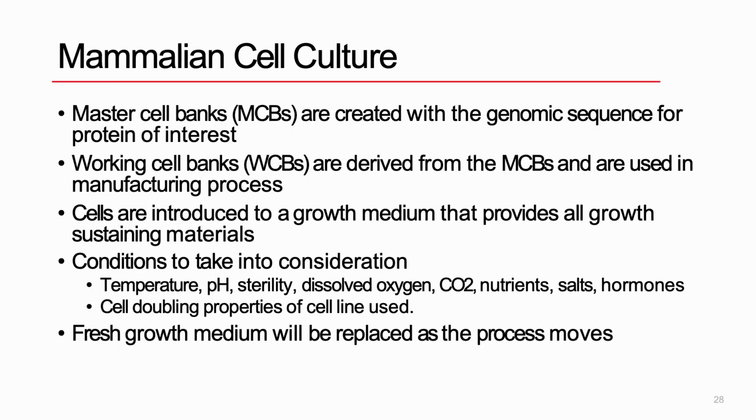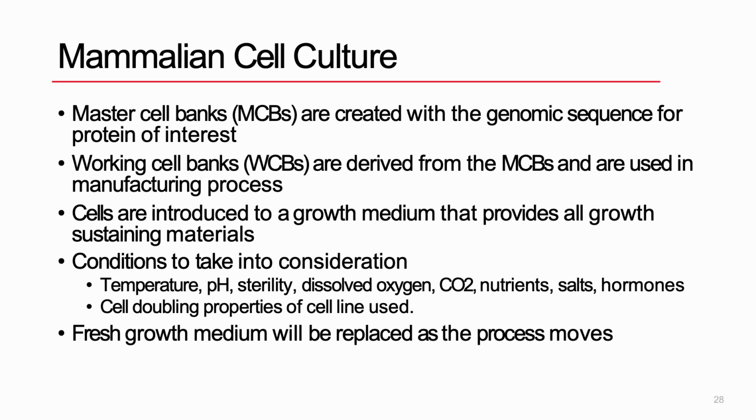Now allow me to talk, in writing, about what I explained to you. I'm going to talk about this process in detail. Master cell banks, I'm going to use the abbreviation MCB. So master cell banks are created with the genomic sequence for the protein of interest.